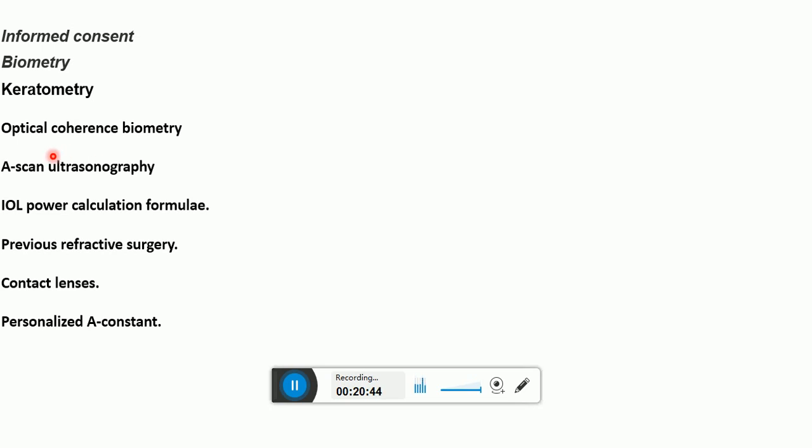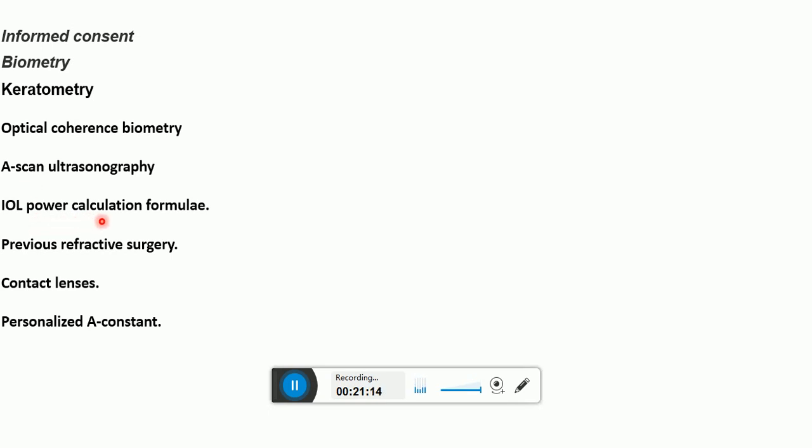Next is A-scan ultrasonography, a slightly less accurate method of determining the axial dimension, which can be acquired either by direct contact or more accurately but with great difficulty by using a water bath over the eye, that is immersion ultrasonography. The sound beam used must be aligned with the visual axis for maximal precision. Each reflecting surface is represented by a spike on an oscilloscope display monitor.